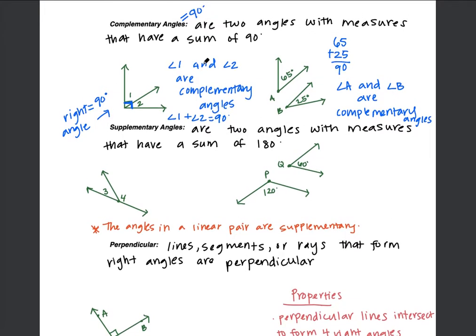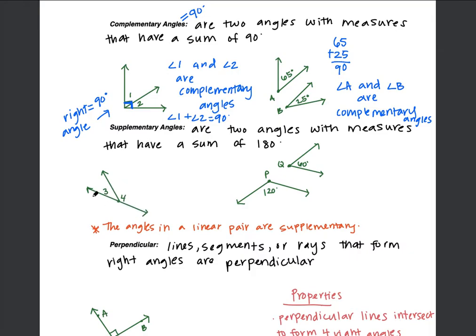If we're talking about supplementary angles, so supplementary angles are two angles with measures that have a sum of 180 degrees. So you have two angles that add up to equal 180 degrees. If I look at this example on the left, so I have angle 3 and angle 4. So remember, if we have a straight line, a line always equals 180 degrees. This line is straight, and this line is made up of angle 3 and angle 4.